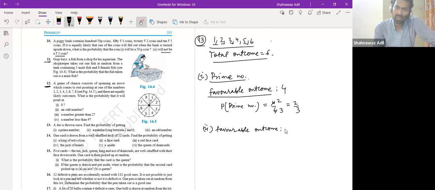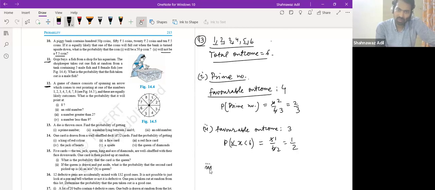So between these are favorable. This is represented by x greater than 2 and less than 6. We should write it that way if there is no equal sign. That is why we are not counting these two. So 3 by 6, which is 1 by 2.